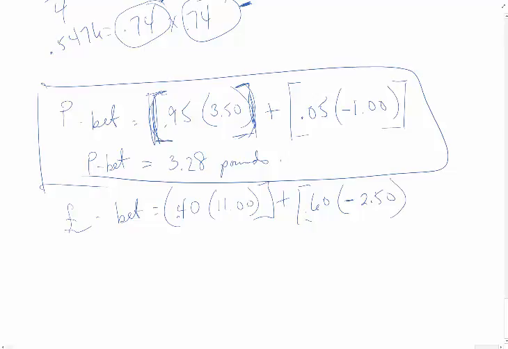So again, you just do the math here, right? So you have 40% of 11 is 440. The math here is a little easier. So we have 2, that's 120, so that's 150, so that's minus 150. So what does this equal? Plus or minus is minus, so you have 440 minus 150, and that equals 290.